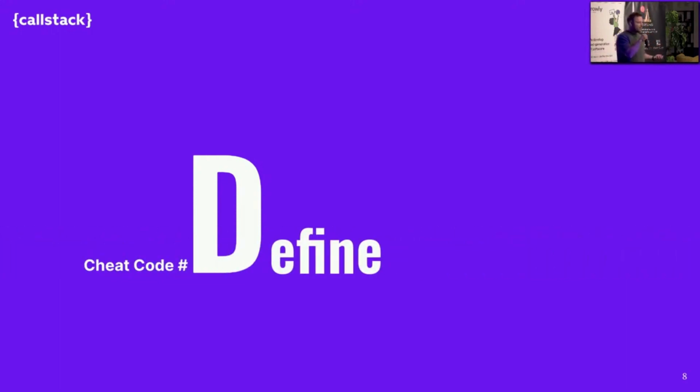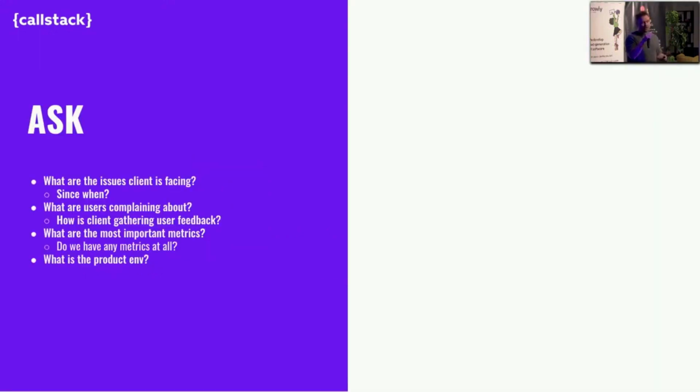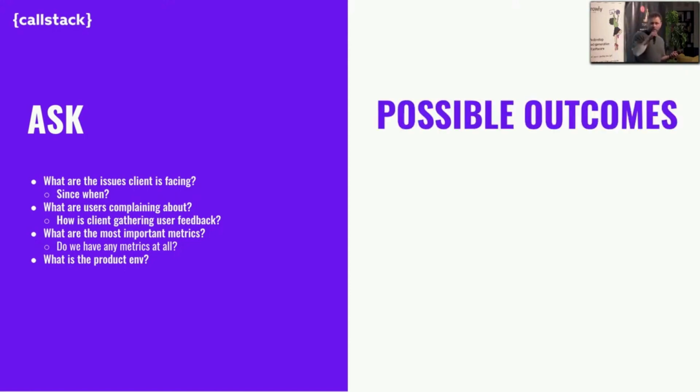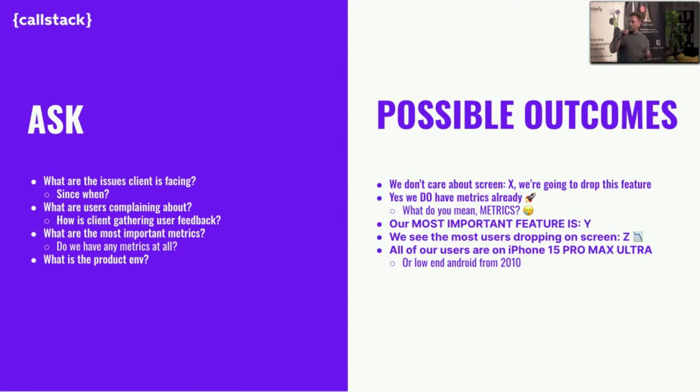You need to define your expectation. You need to define your use case. So you ask your client, what are the issues, what are the users complaining about, and what are the most important metrics for your client. And then, for the possible outcomes, you might find out that they don't care about some section of their application because this is going to be deprecated in a while.